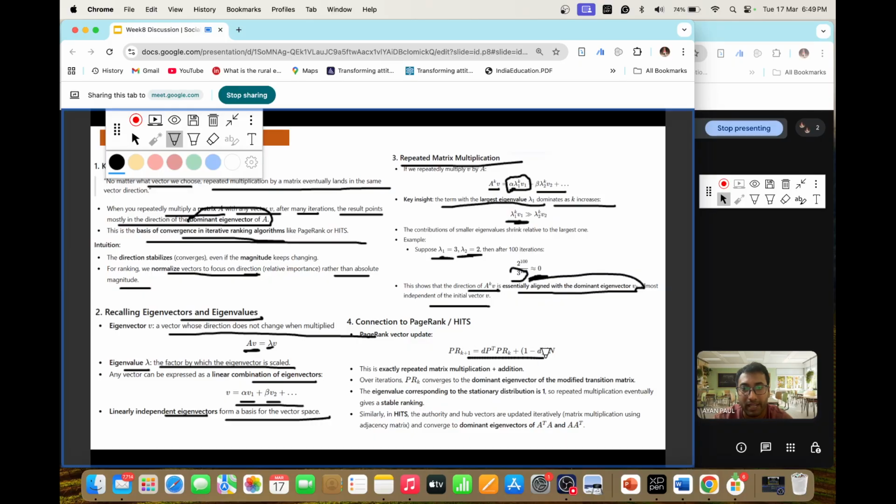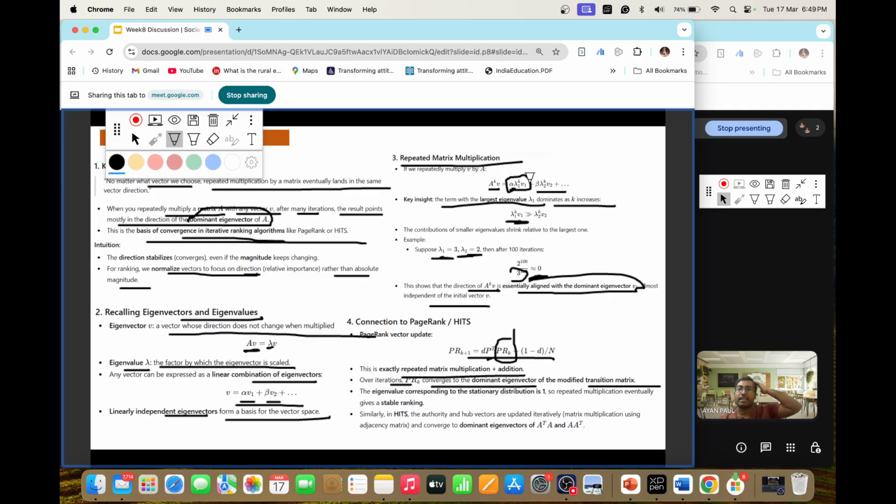And then the connection to PageRank. So this is the PageRank formula. This is exactly repeated matrix multiplication plus addition over iterations. PR_k converges to the dominant eigenvector and uses a modified transition matrix. Okay, this P is the transition matrix and d is your damping factor. Let's ignore that and just consider P and PR_k. P is the matrix and PR_k is the PageRank, which we can consider as a vector.